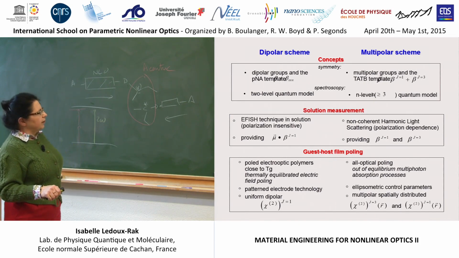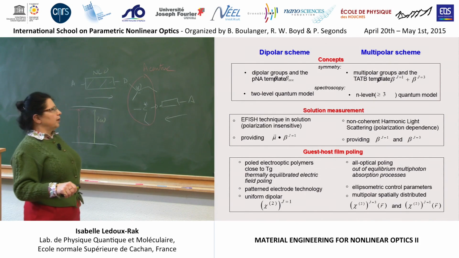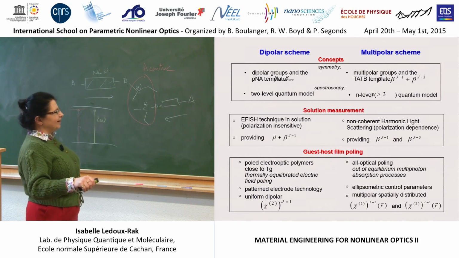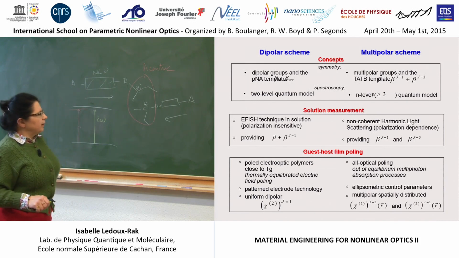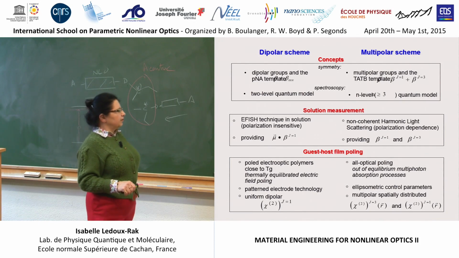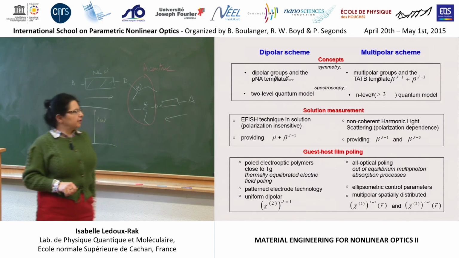On the multipolar scale, we have found the possibility to make octupolar or multipolar molecules. You can see here the octupolar beta. In solution measurements, we have used harmonic light scattering, which provides both norms of dipolar and octupolar terms.